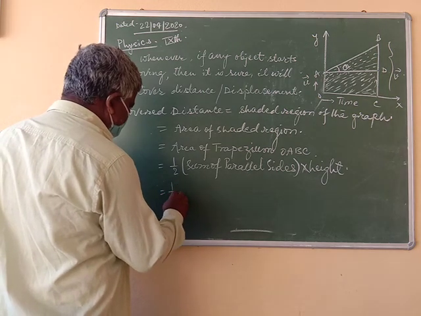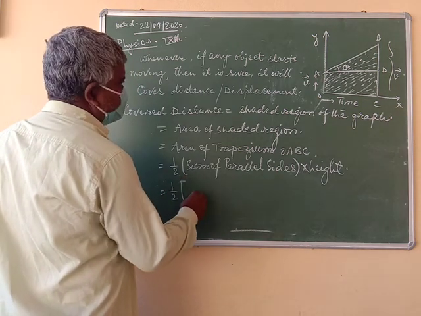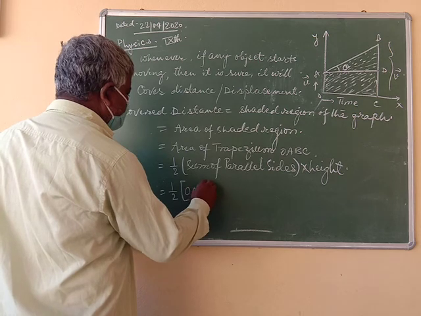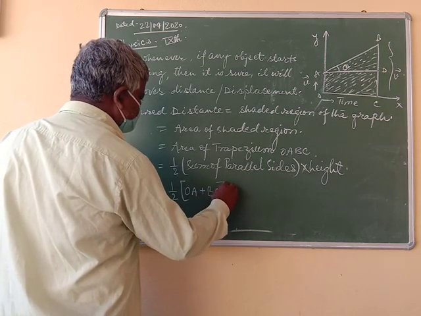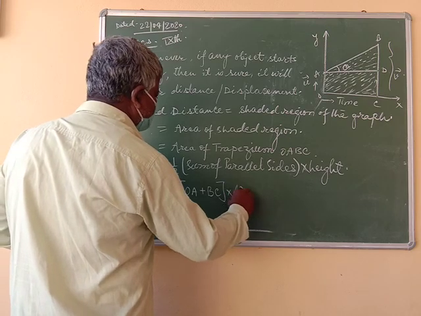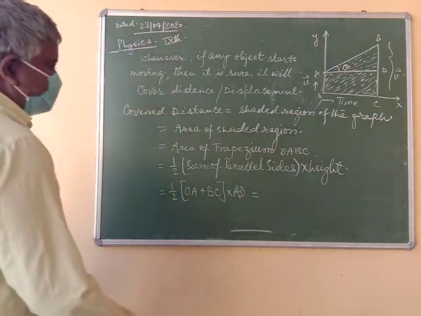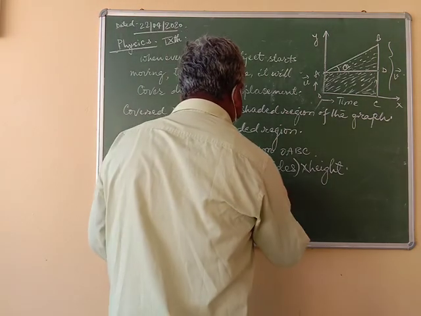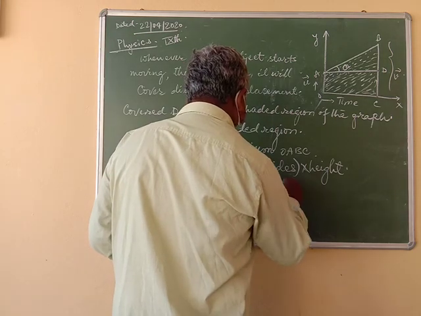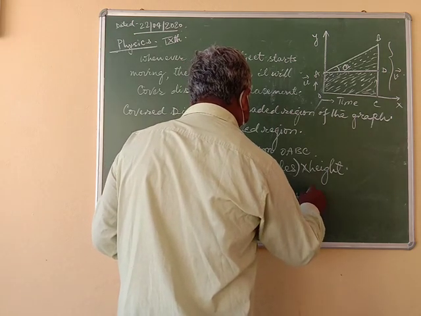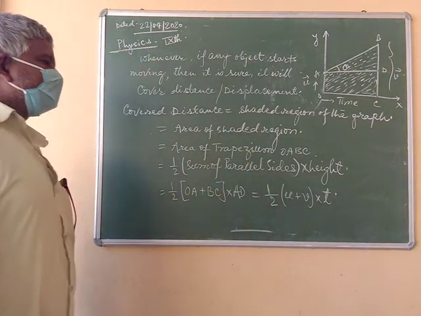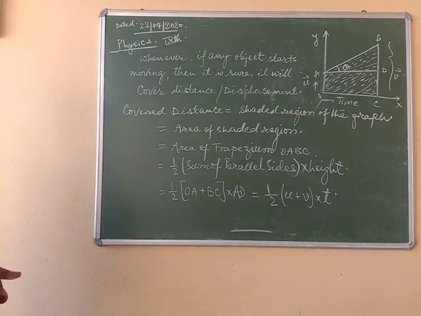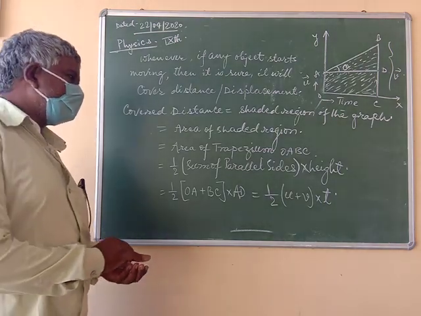That is equal to half into OA plus BC into AD.